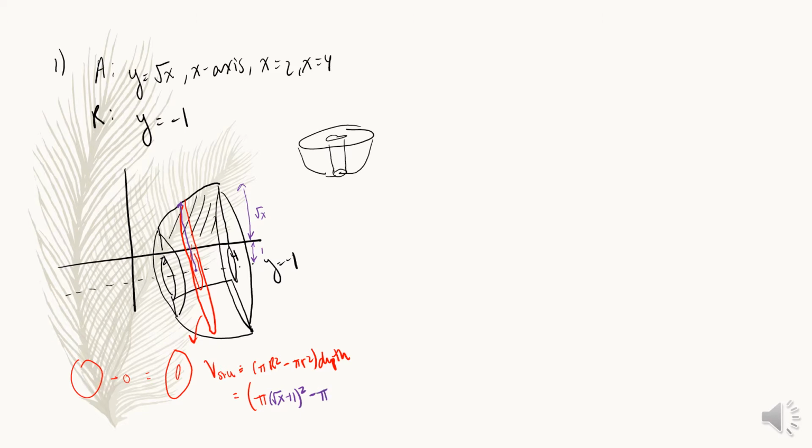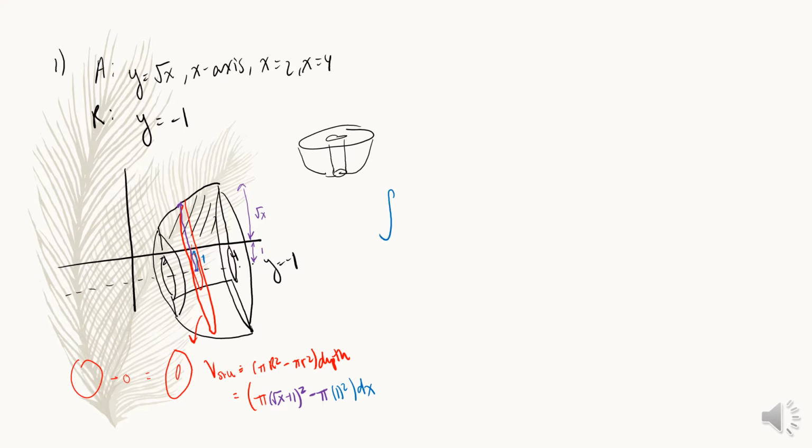Then minus the small radius. So the small radius, let me try to put this in a different color. Maybe a blue. That's being measured from this line up to the x-axis. That distance is 1. So pi times 1 squared. And my depth is dx because we sliced vertically.